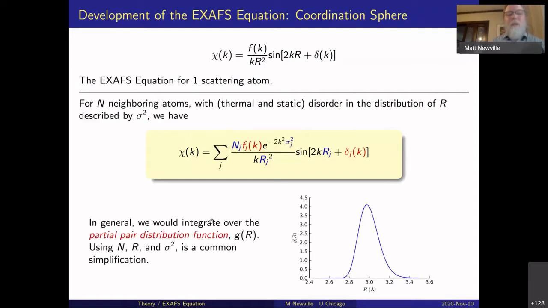In general, we would have a partial pair distribution function, and these kinds of things can be used for modeling XAS. It works very well. For today's talk, we'll mostly stick with the distribution of atoms around a shell being approximately Gaussian. So N, sigma squared, and a distance R are all that describe the distance distribution function.